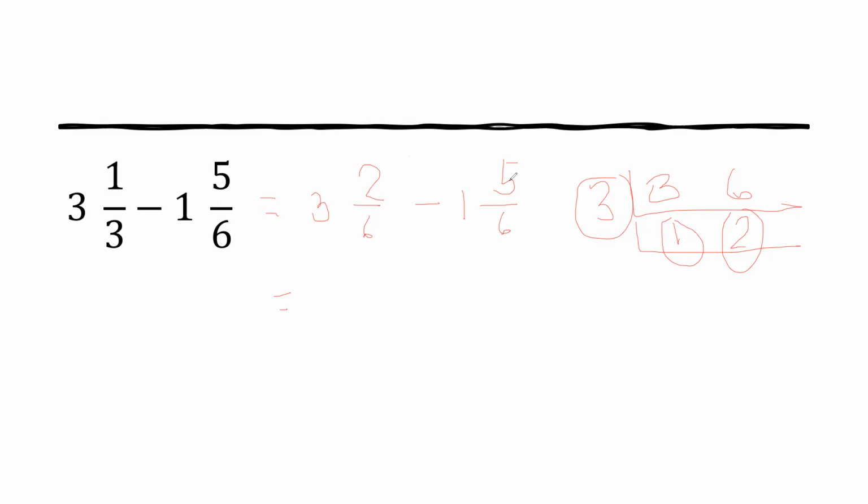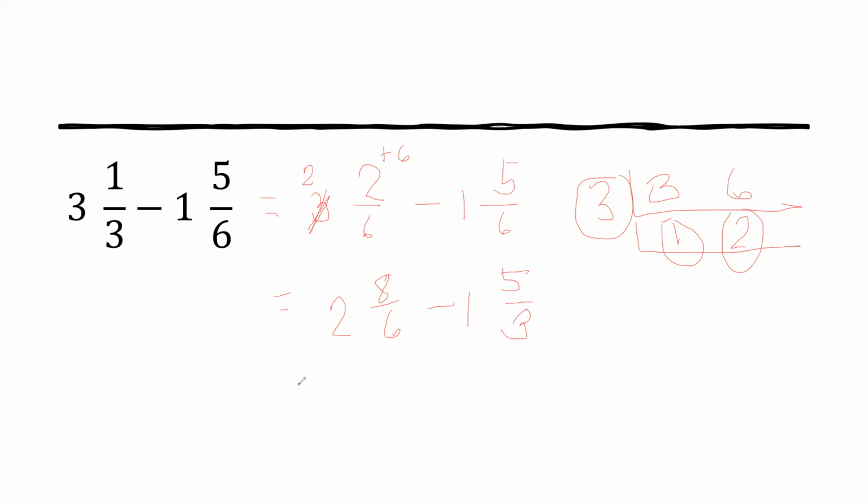Pwede ba? Hindi po. So magbaborrow tayo. So itong 3 magiging 2. At ito ay madadagdagan ng kung ano yung inalim. So magiging 2 and 8/6 siya. Dinagdagan natin yung taas kasi nag-borrow tayo. Minus 1 and 5/6.